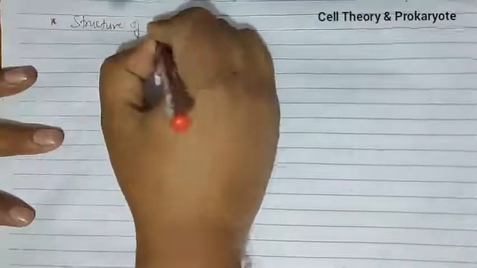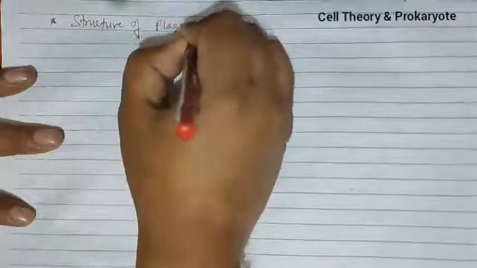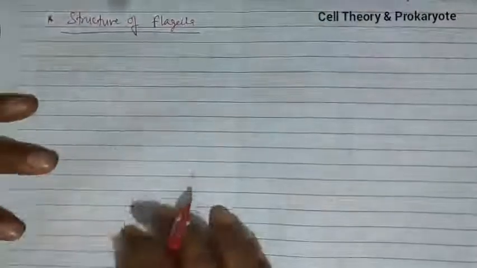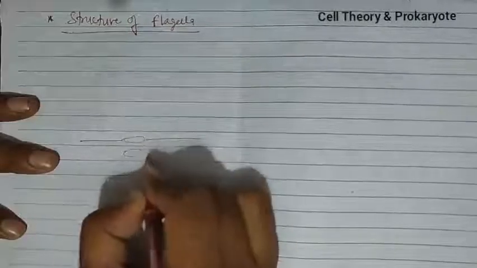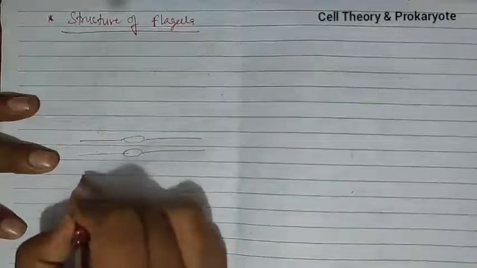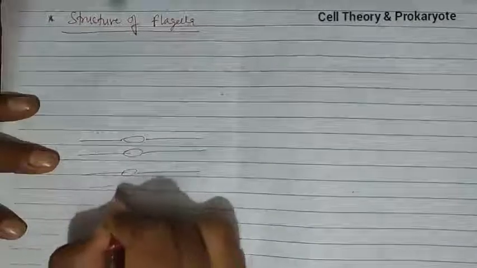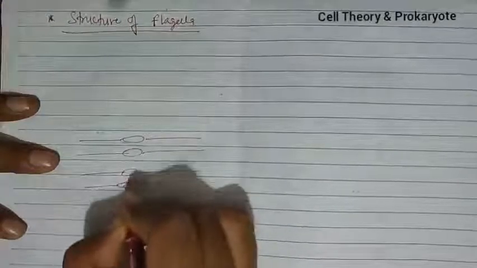Next we talk about the structure of flagella. Now when we see the structure of flagella, they have some rings in a basal body.